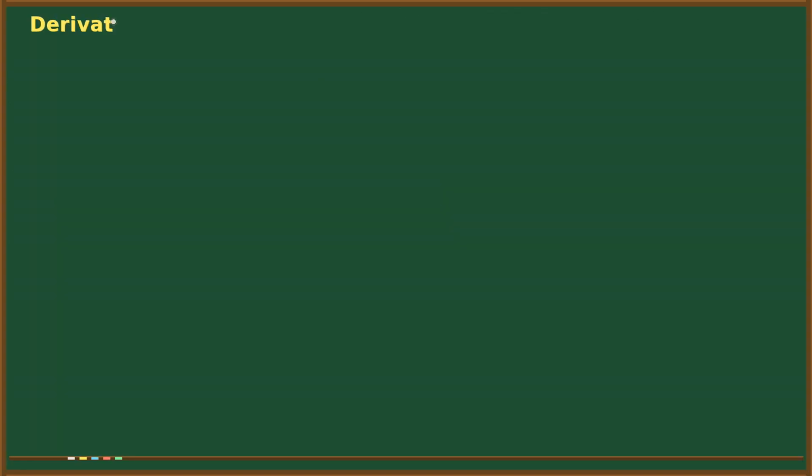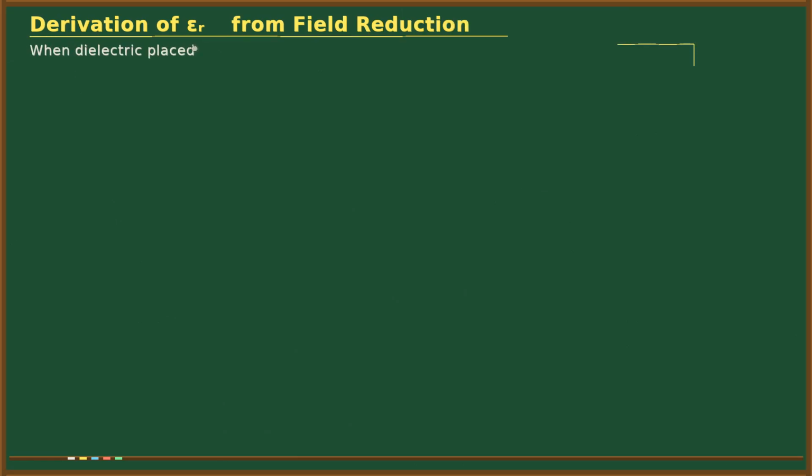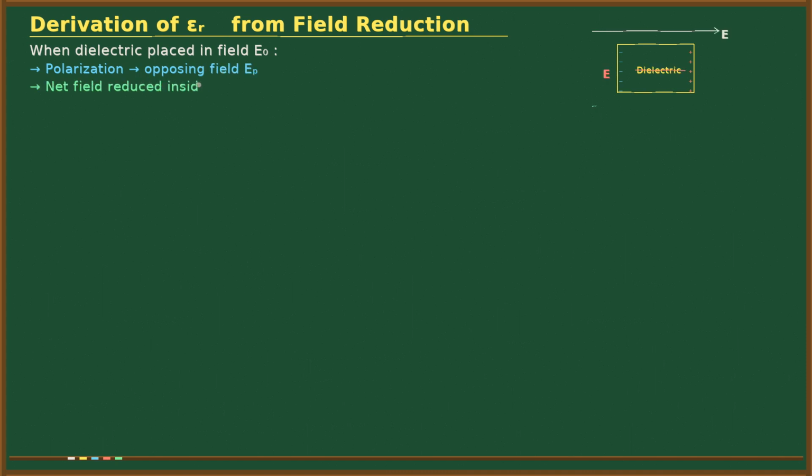Now, the derivation of epsilon r from field reduction. When a dielectric is placed in an external field E0, the polarization of the material creates an internal opposing field EP from induced surface charges.